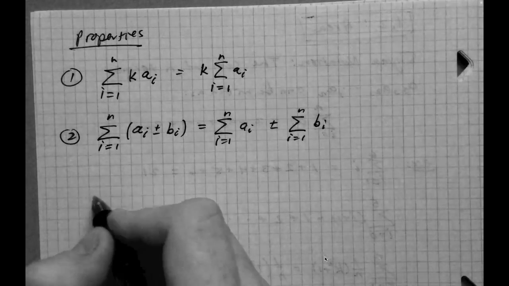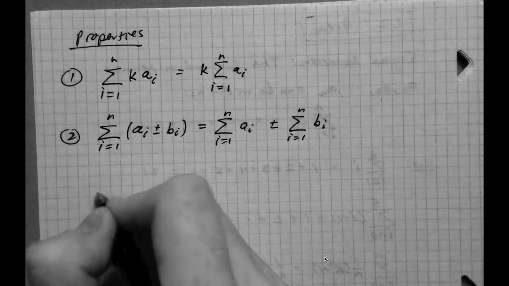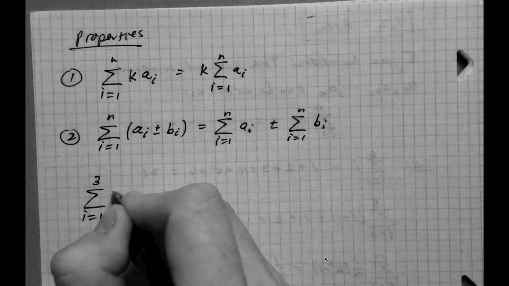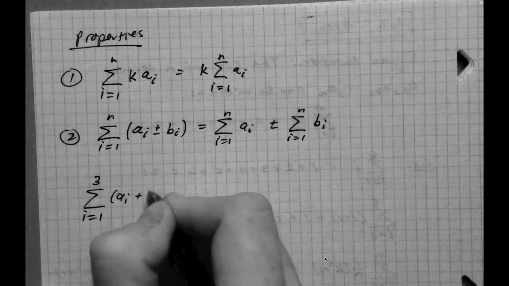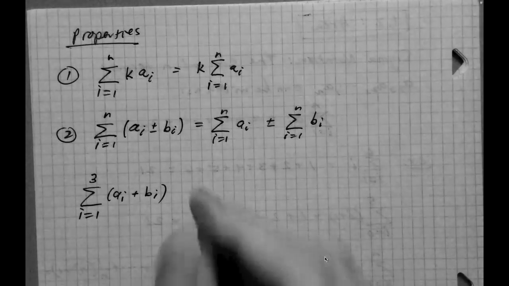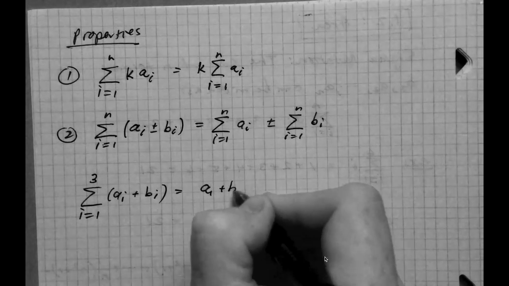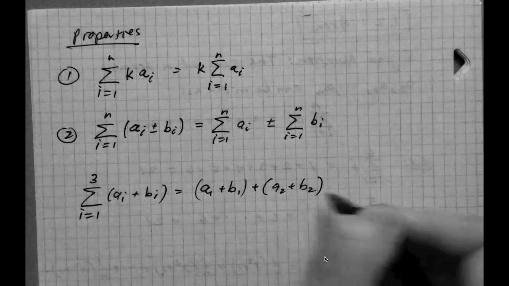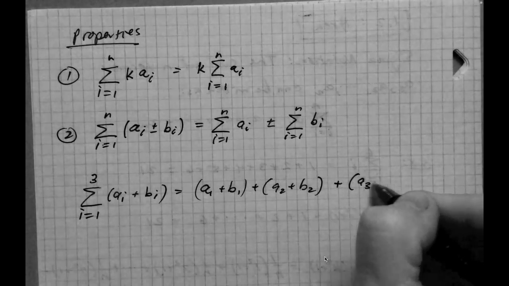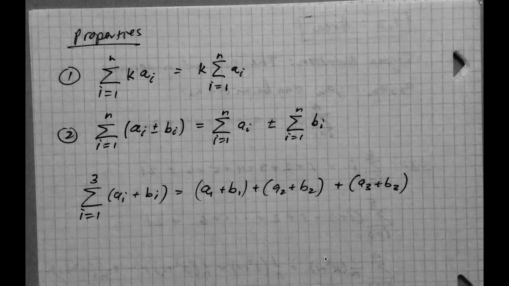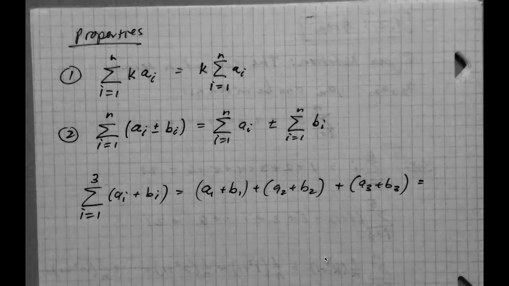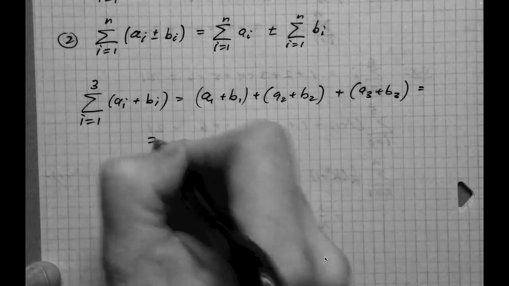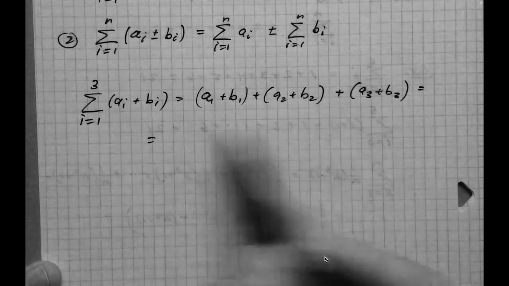Now, this can be really easily seen. Let's take a small example to show how this would work. i equals 1 to 3, we'll say, of ai plus bi. It works the same for differences, really. So this would be a1 plus b1 plus a2 plus b2 plus a3 plus b3. That's just expanding the notation out to the actual sum. And then you can rearrange these, this is all just addition.